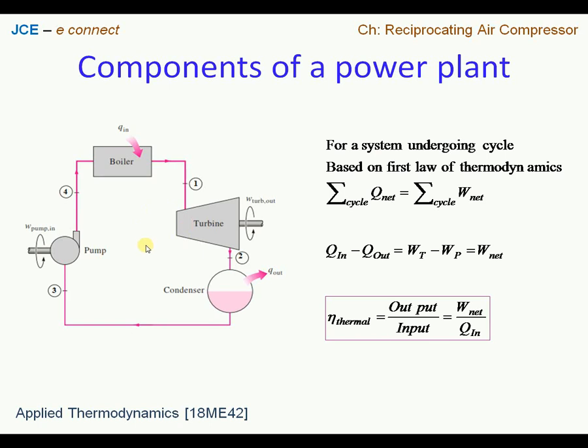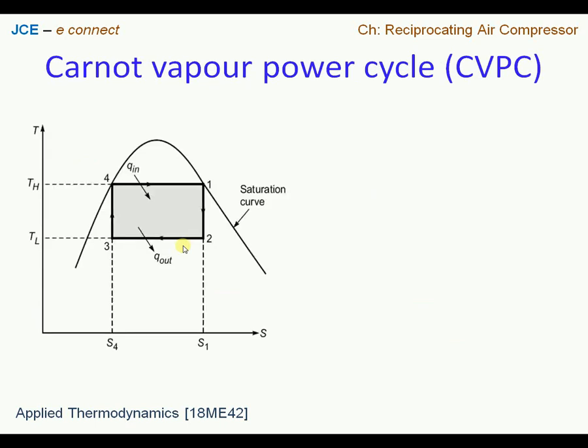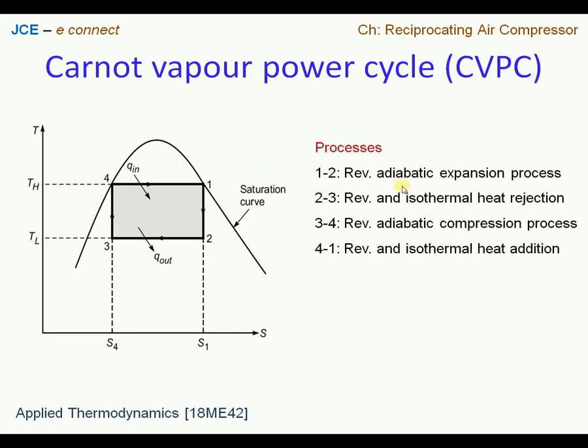Now let us look at a Carnot cycle which can represent a steam power plant working process. So here we have a Carnot cycle representing a steam power plant. The various processes which are associated with the Carnot cycle are shown here.